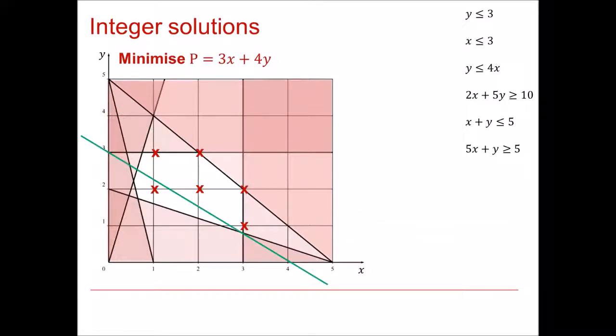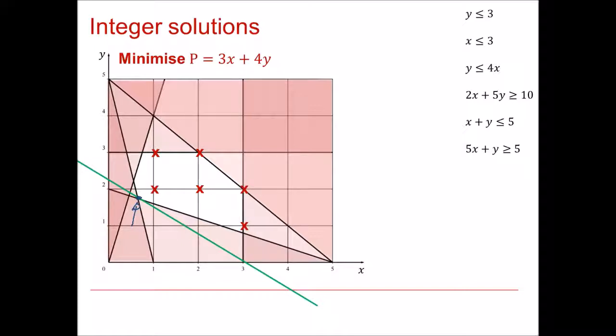If, however, we look at minimizing, and we do the same thing, this time we're going to be moving towards the origin, so that the point that we reach as our optimal point is here, but that's a non-integer solution. So what we need to do then is to think about which was the last integer.